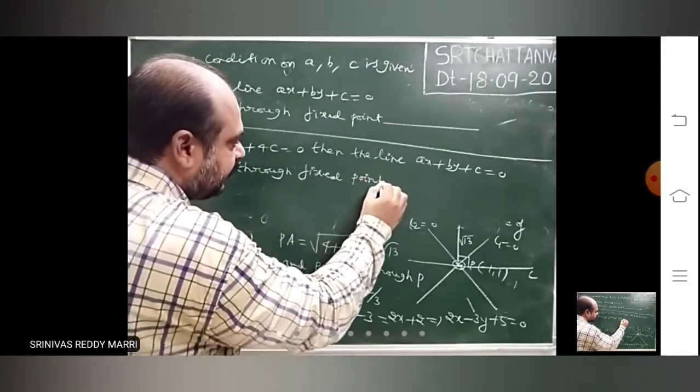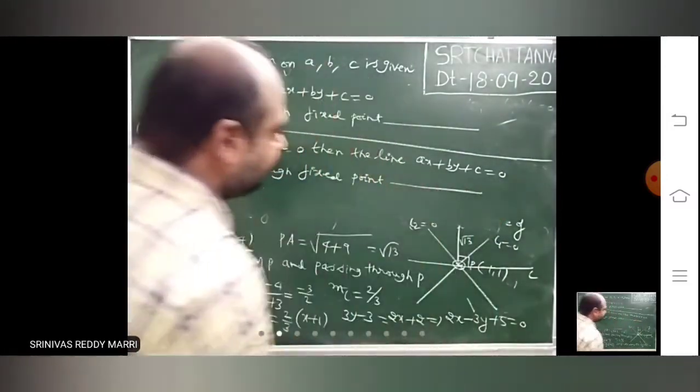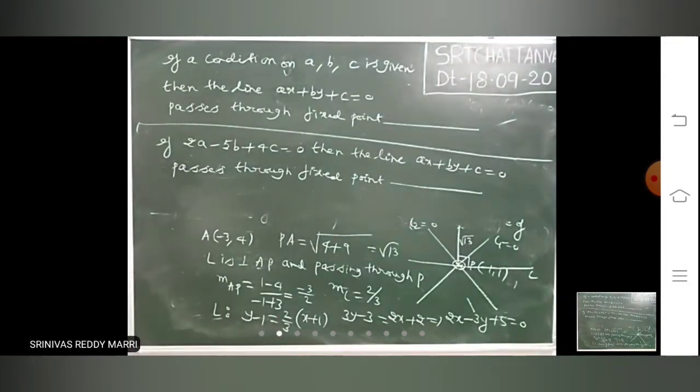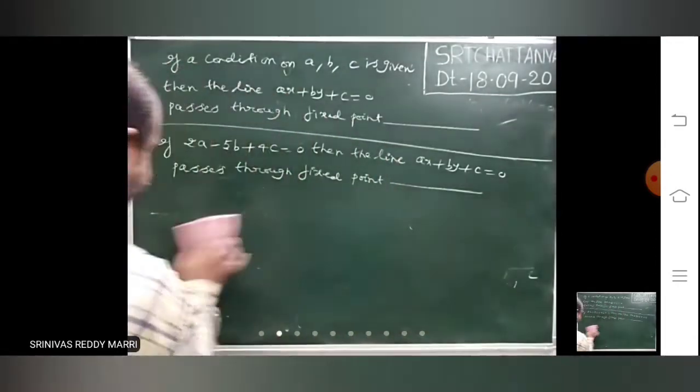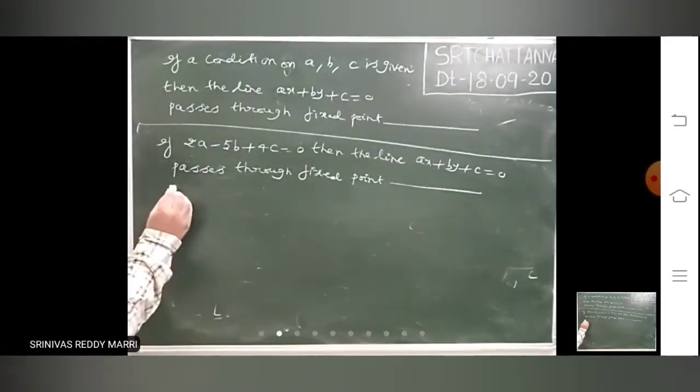One condition on ABC will be given to you, then the line passes through a fixed point. So look at the problem. I will tell you two methods to solve this problem.